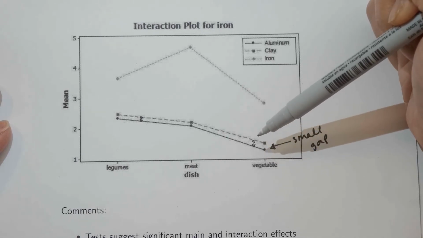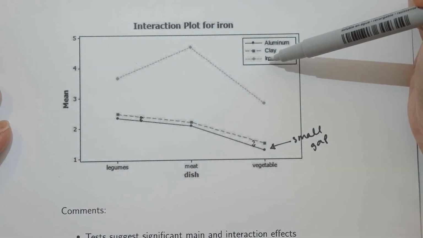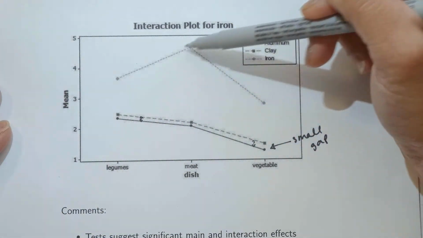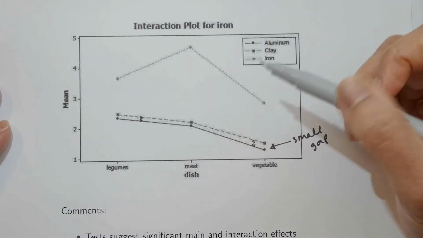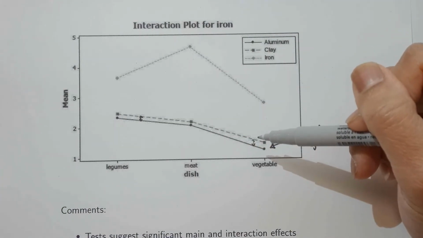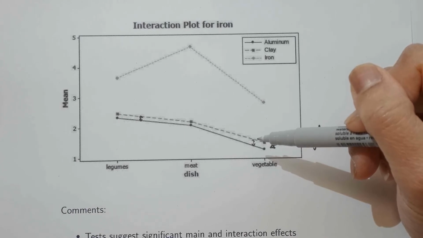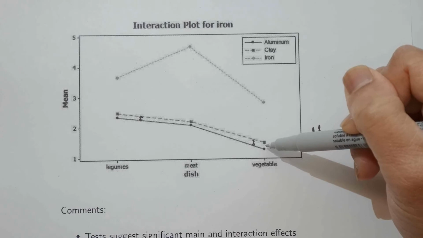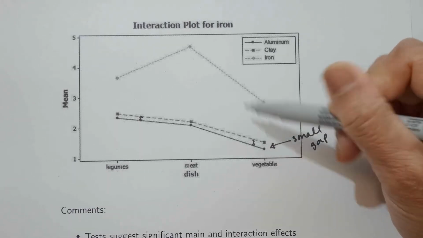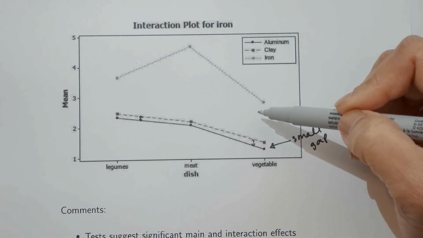But interestingly enough, the iron pot looks very different. That profile looks different from the other two. We didn't go through, and remember we talked about doing multiple comparisons and specific contrasts. I wouldn't be surprised if the clay and aluminum were not significantly different, but that together these were significantly different from iron.